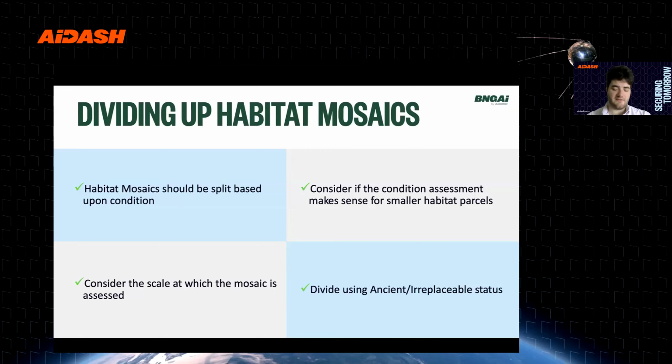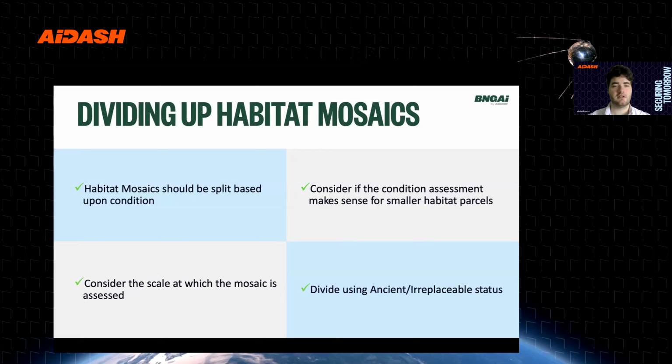But if you have a site where you could look at the whole polygon, the whole mapped parcel, and that meets all the criteria for good condition, but then you split it out, and suddenly the two separate bits don't have the right components anymore, because one side is missing the things in parcel B and the other side is missing the things in parcel A, then you're devaluing the condition of those two areas. And so I think that is really artificially lowering the biodiversity unit value of that habitat.